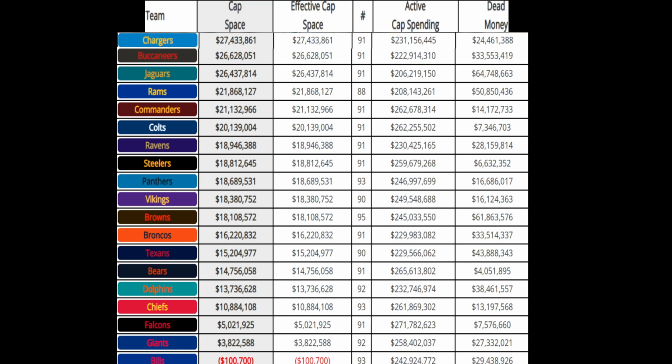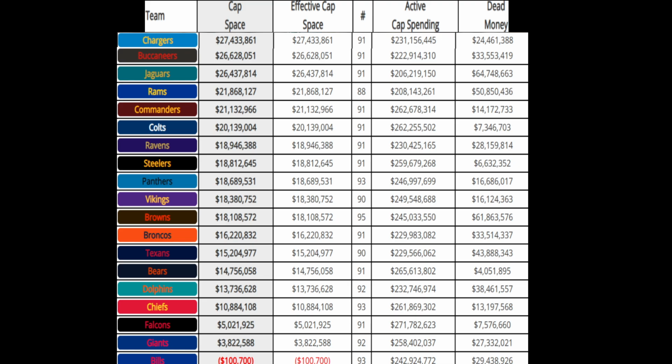The next column, active cap spending, is basically not that interesting. It's saying that they have this amount of money invested in total expenditure towards the salaries. Dead money, that's more interesting though.